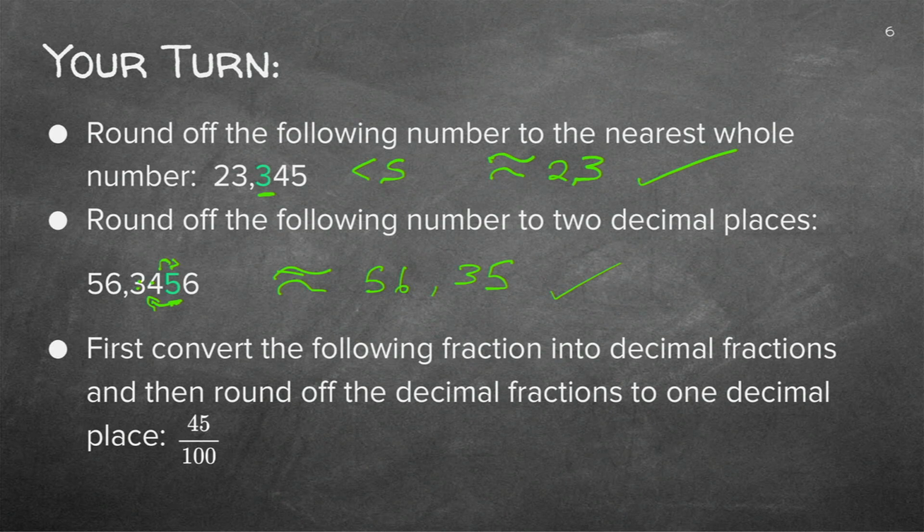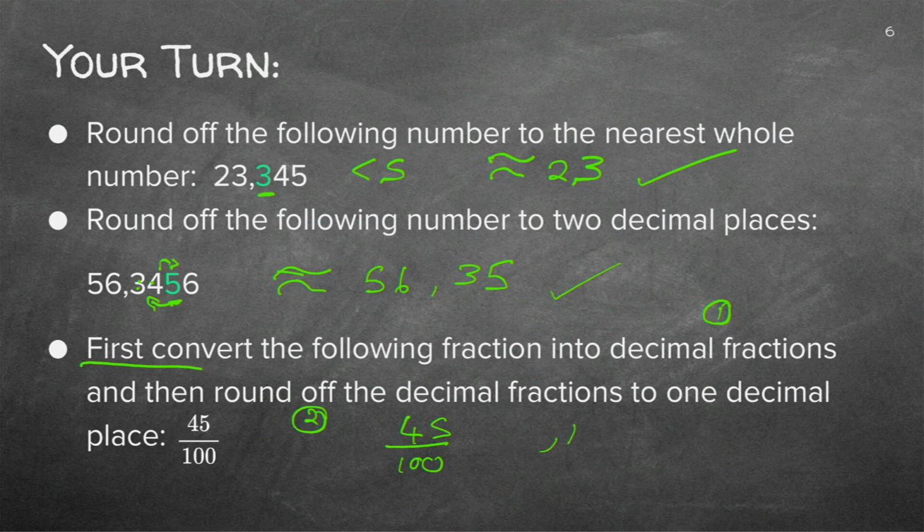Now they ask us to first convert the following fraction into a decimal fraction. They've got 2 questions. First convert it into a decimal fraction, and then round it off to 1 decimal place. So let's do what they ask us. 45 over 100. Remember, 2 zeros, so we move the comma 2 places to the left.